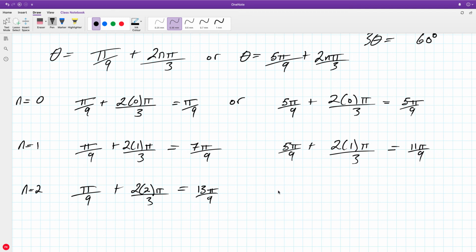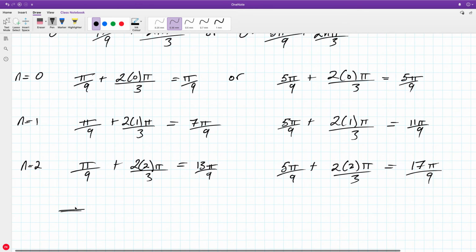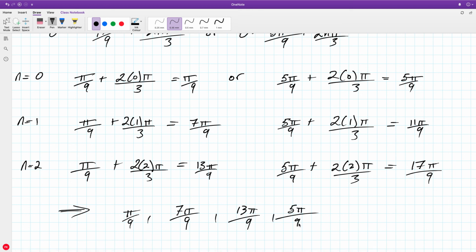And the last one, 5 pi over 9 plus 2 times 2 pi over 3, 17 pi over 9. And there's no need to check 3 there, obviously, because that's going to blow it up above it. So then your answers are pi over 9, 7 pi over 9, 13 pi over 9, 5 pi over 9, 11 pi over 9, and 17 pi over 9.